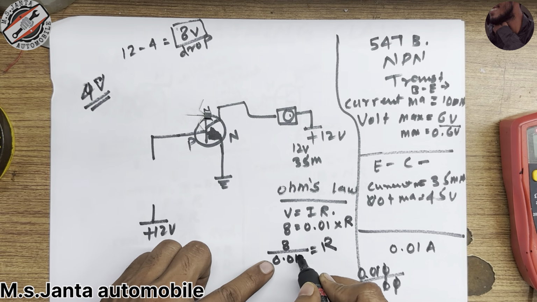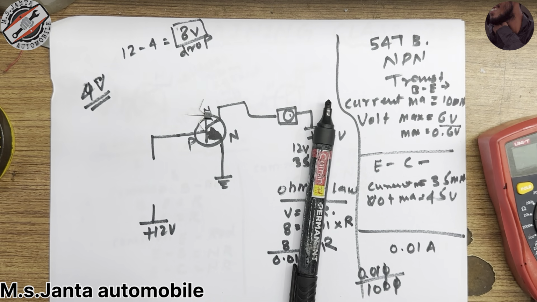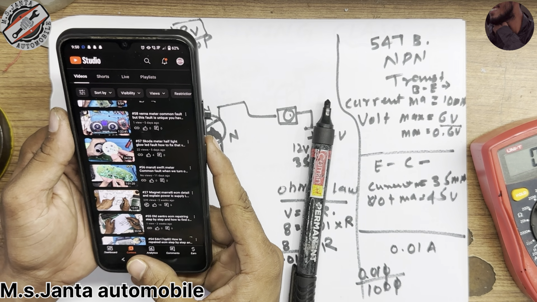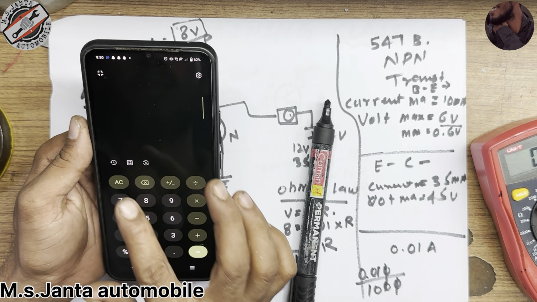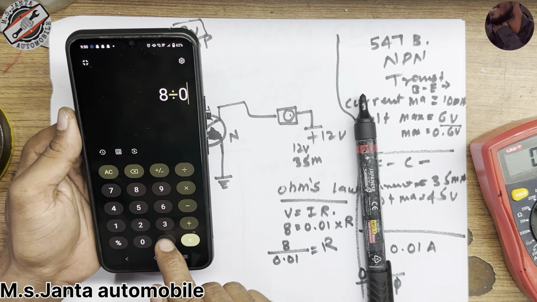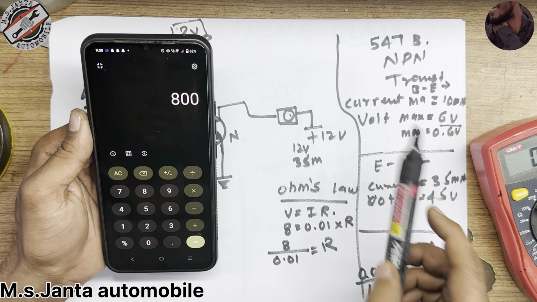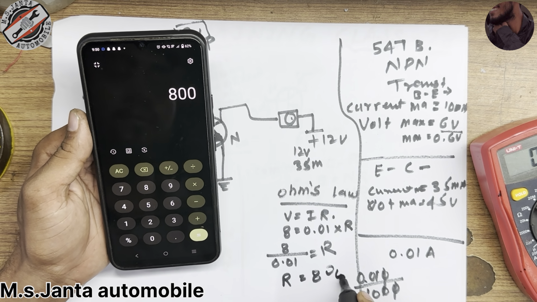Here we take a phone, and we divide it. 8 divided by 0.01, so 800. So R is equal to 800 ohm.